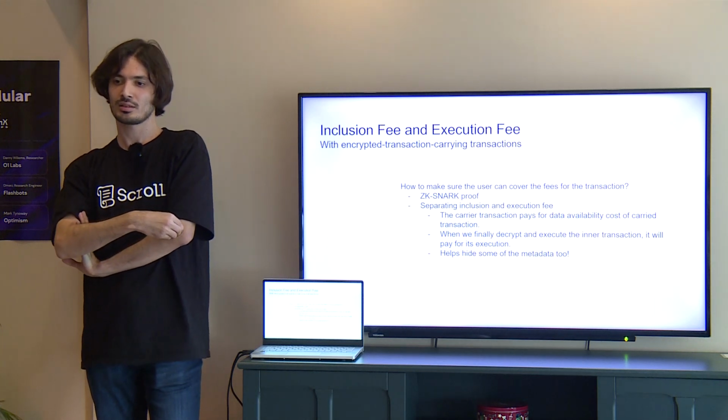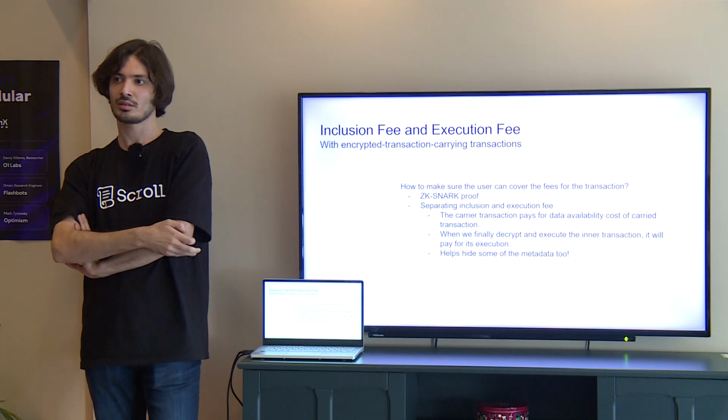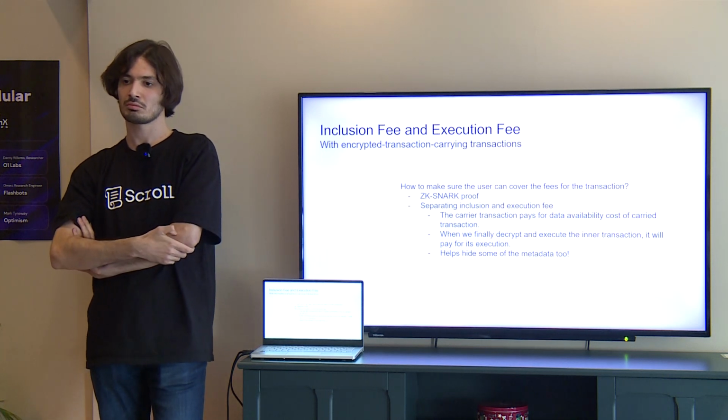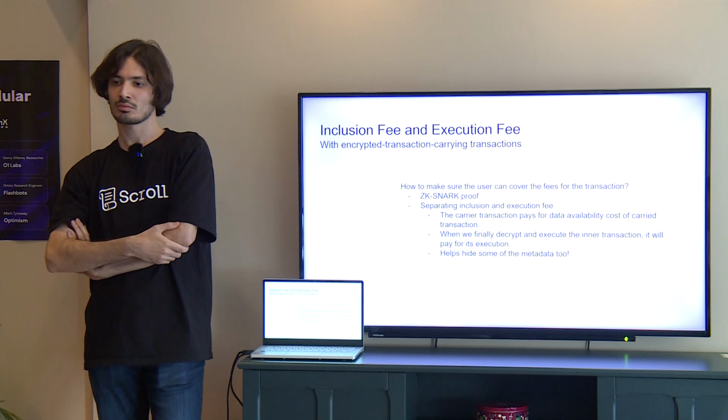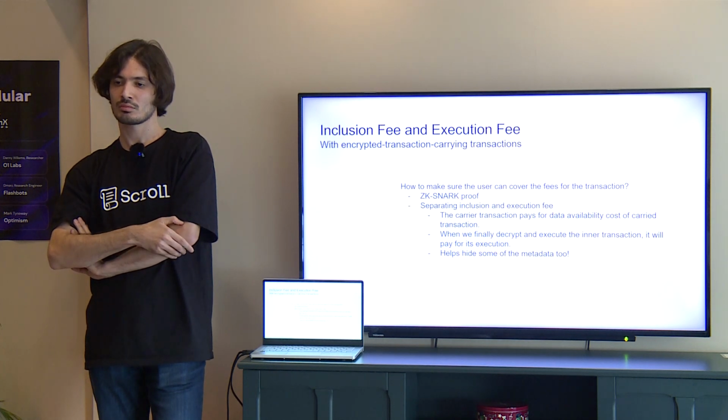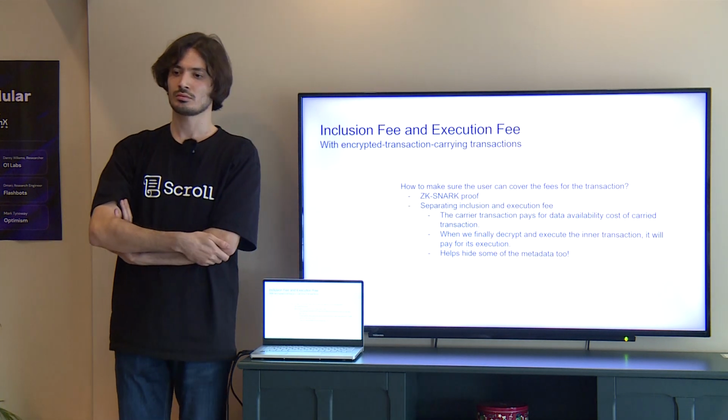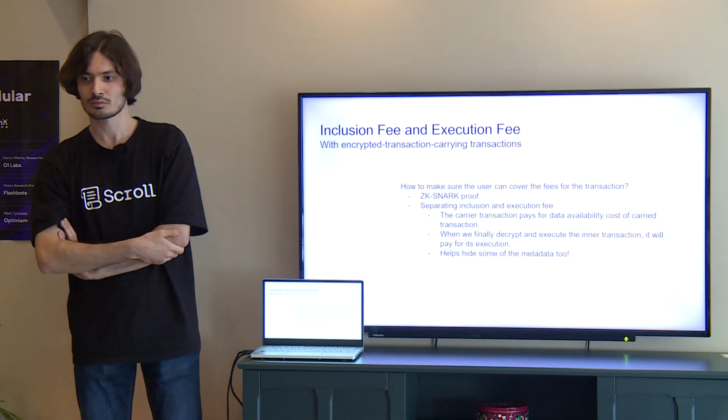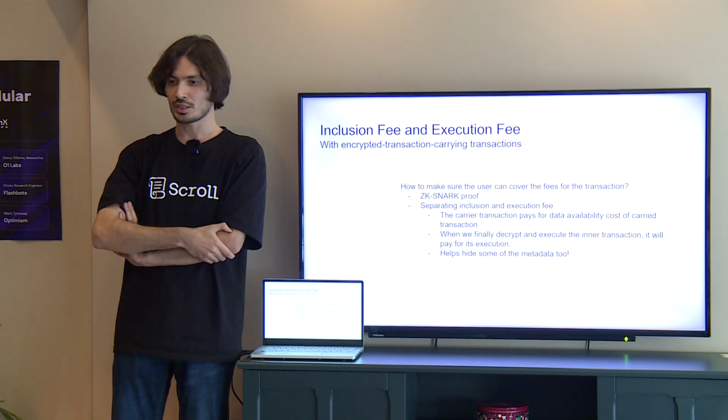Okay, it might be related to what you just said, but I'm curious about the builders. When they don't include transactions and they censor, it's because they need to be OFAC compliant, right? So they shouldn't include these types of transactions. That's a good question.